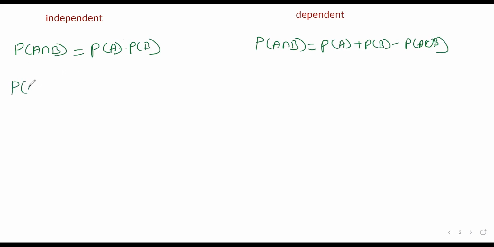Here, probability of A intersection B complement is P of A into P of B complement.